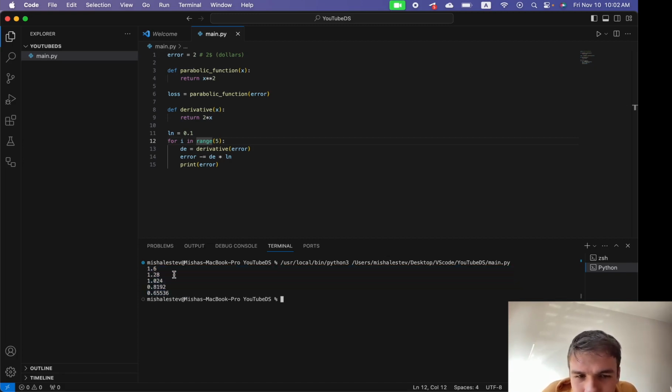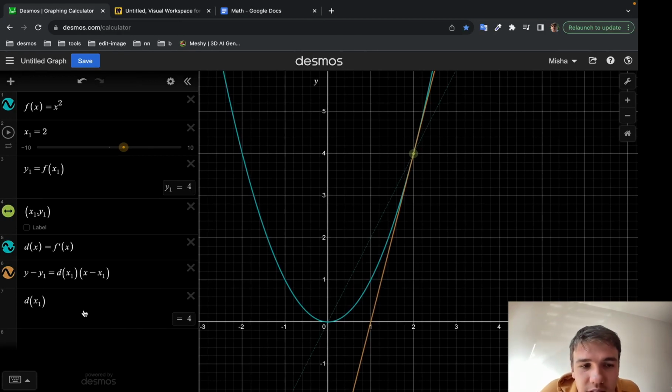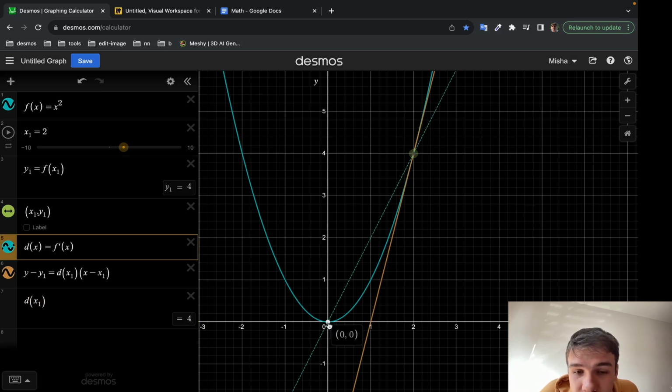How did we get this result? And what if we wouldn't use the learning rate? Let's get back to here. As you can see, the derivative of our x1 is equal to 4. The question here is, how can we best optimize it using mathematical operations to result in 0?